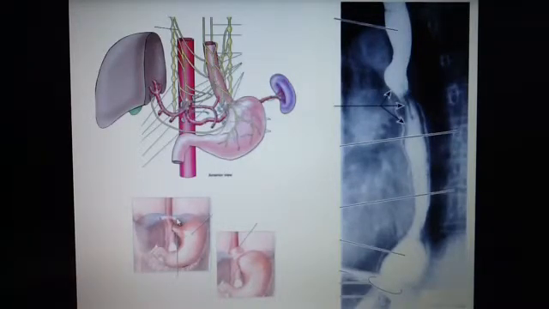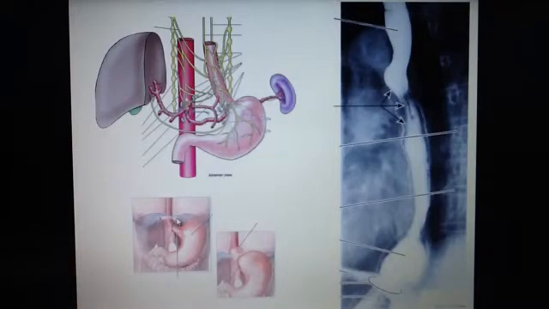And at this time it would be good to discuss Barrett's esophagus. Barrett's esophagus is when the normal stratified squamous epithelium lining the esophagus is replaced by simple columnar epithelium with goblet cells, and this is when Barrett's esophagus is diagnosed.